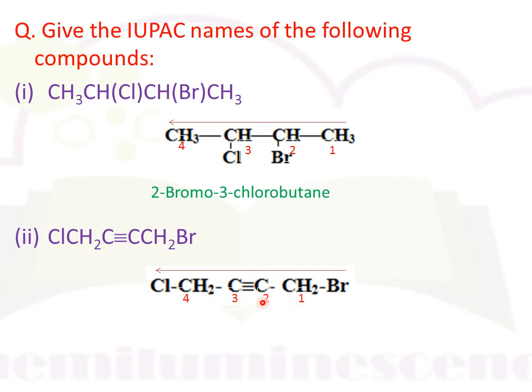We have to indicate the position of the triple bond, and the triple bond begins from the second carbon. That's why the alkyl part is named but-2-yne. The name of this compound is 1-bromo-4-chlorobut-2-yne.